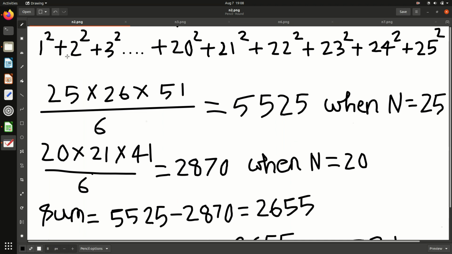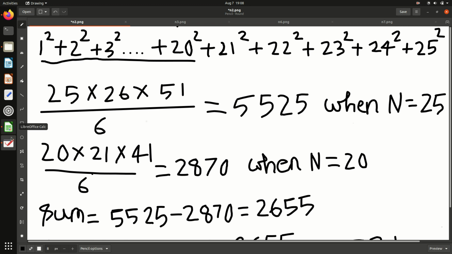At first we will calculate the sum of all up to 25, and then we will subtract the sum up to 20. So we calculate 1 square plus 2 square up to 25 square, and subtract the sum from 1 to 20 square. If we subtract this, we will be left with only the part we need.